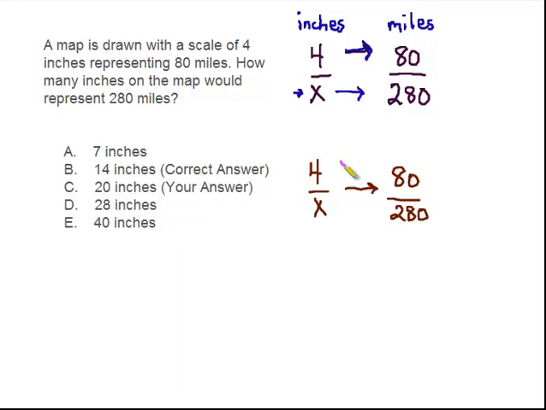And the answer to that is 20. And whatever you multiply the top by, you would multiply the bottom by, so that you're not changing anything. So this x, when it's multiplied by 20, gives us 280. So what we're going to do is 280 divided by 20 to figure out what this x is.